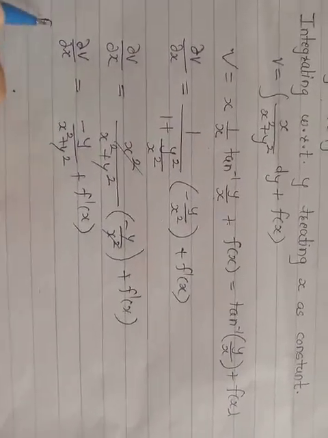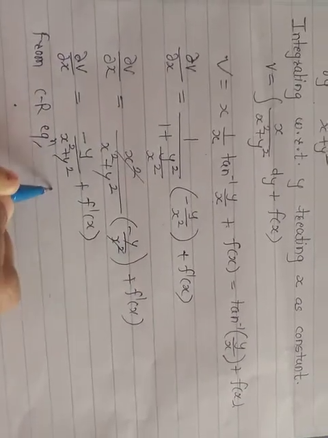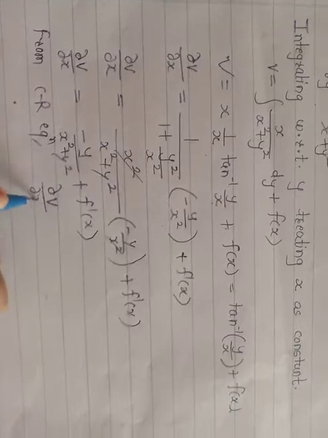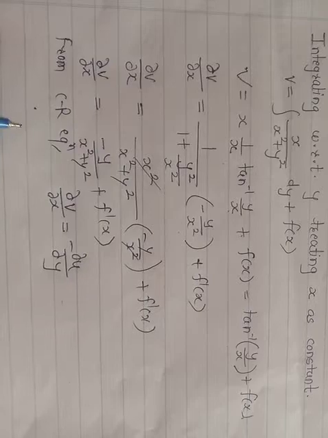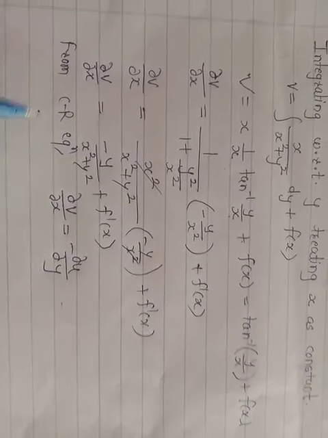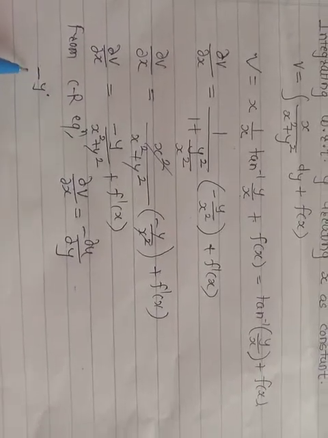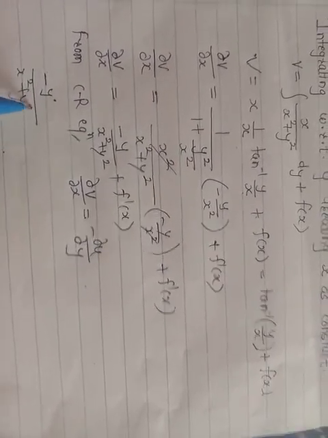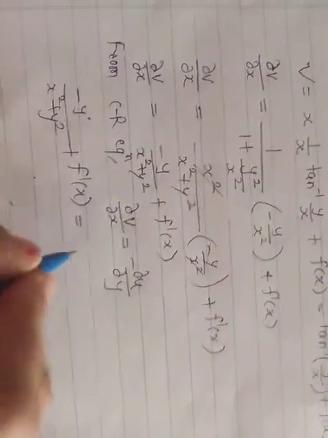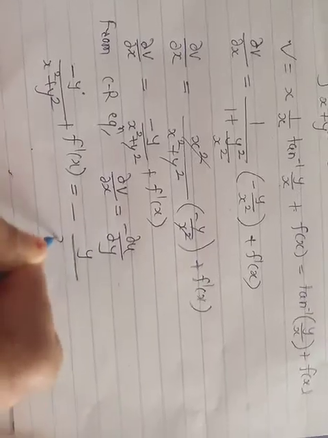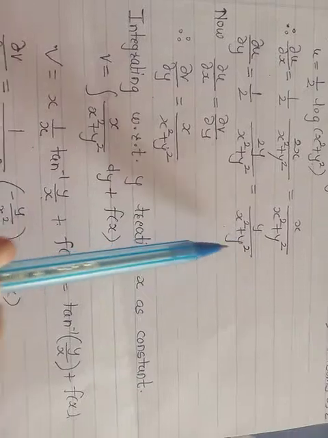Now from the second CR equation, the derivative of v with x is minus the derivative of u with y. That means we can say here ∂v/∂x is minus y upon x² plus y² plus f'(x), and this is minus sign, we have ∂u/∂y is y upon x² plus y².